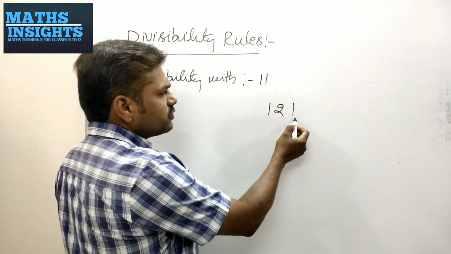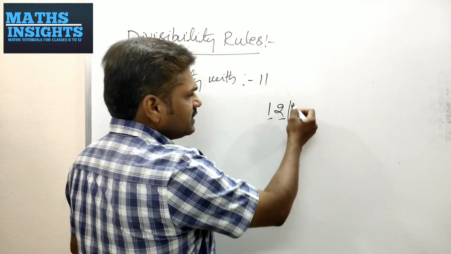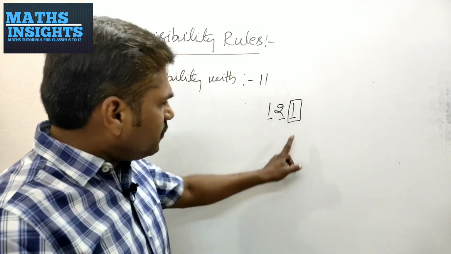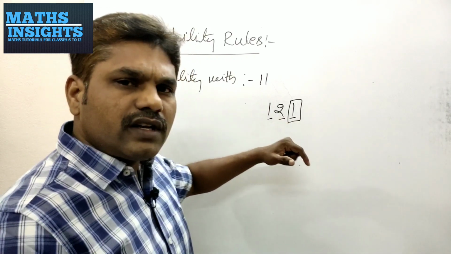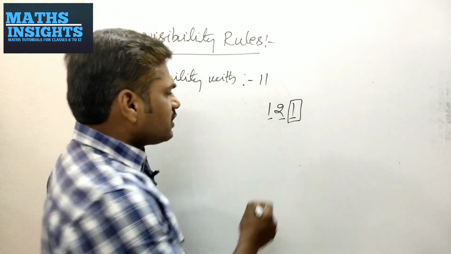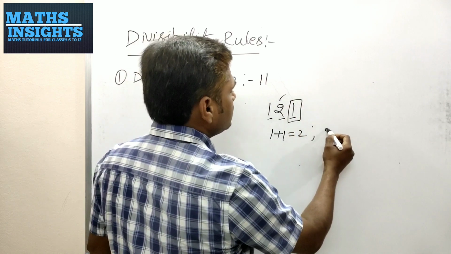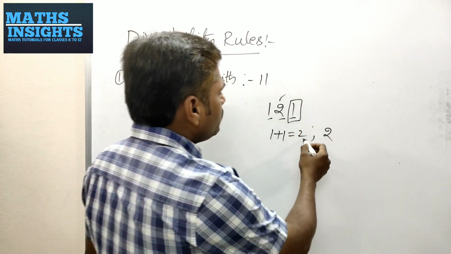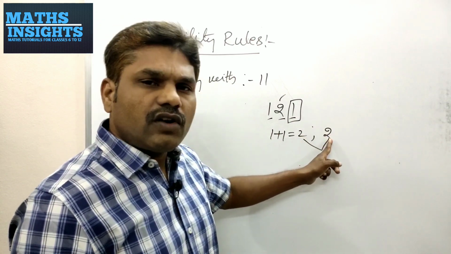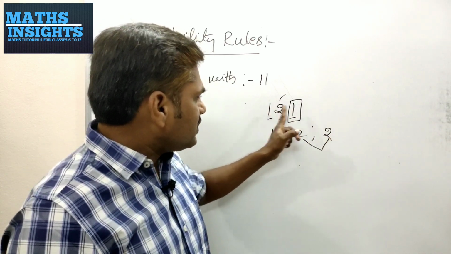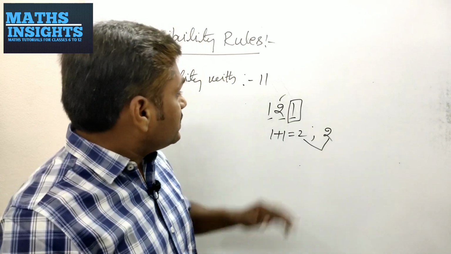See, this is in the units place, and this is the tens place, hundreds place. See, this is in first place, second place, third place. These 1 and 1 are in odd places. So 1 plus 1 is 2, and the even place digit is also 2. See, the sums of the numbers at even places and odd places are equal, so this number 121 is exactly divisible by 11.